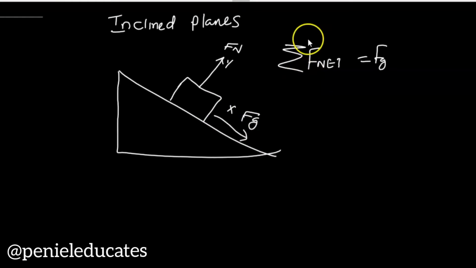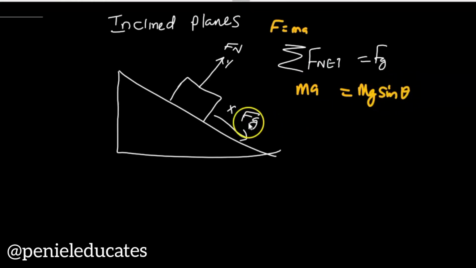Then here, don't forget our F is ma, that is mass times acceleration, and from the first equation, we said our Fg is mg sine theta. That is the force acting on the block towards the ground of the plane.